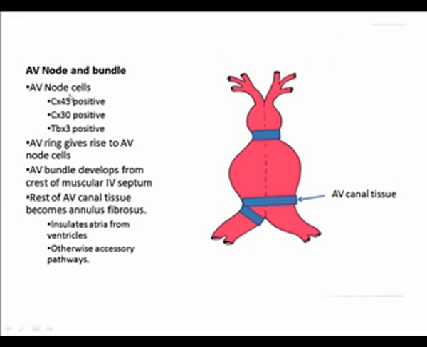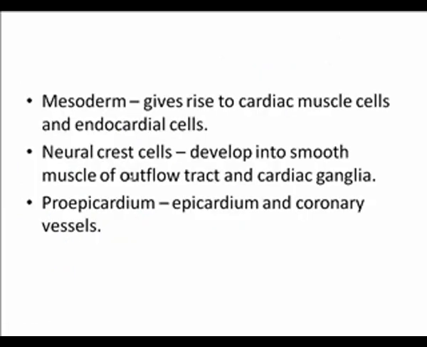Going back to the AV nodal cells, we can see again the connexins are important in the AV nodal cells, and this is a region where the conduction of impulses will slow down as they reach the AV node and then speed up when they get to the AV bundle. So the mesoderm appears to give rise to cardiac muscle cells and endocardial cells.